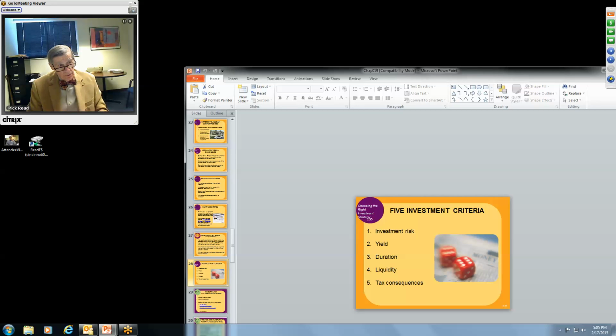And older people don't want to get into that category. You need to look at the yield, the duration, that's particularly for a bond, the liquidity, how quickly you can turn that investment into cash if you need to, and then finally, what are the tax consequences.